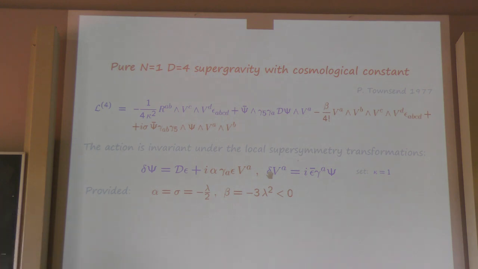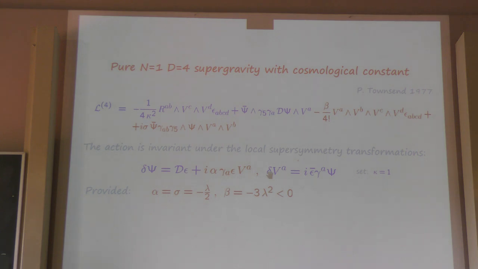So you cannot put any cosmological constant here; the cosmological constant has to be negative. This is strictly related to the fact that only anti-de Sitter vacuum, besides Minkowski vacuum, can be supersymmetric.